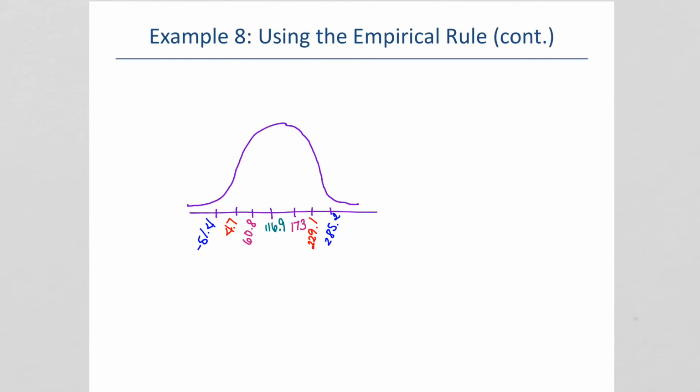Okay, so what it asks us is identify the range of waiting times that 95% of the patients are likely to experience. Okay, so 68% would be 1 standard deviation from the mean. I know my picture's definitely not perfect here.